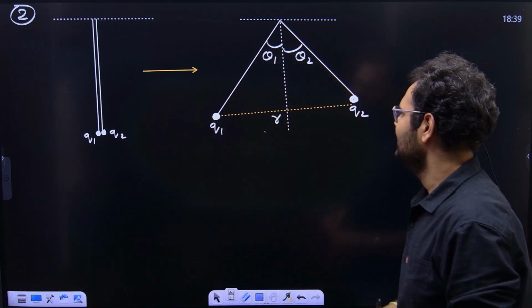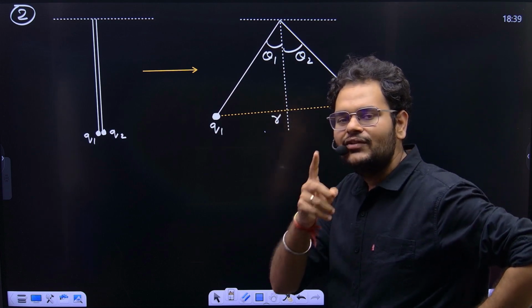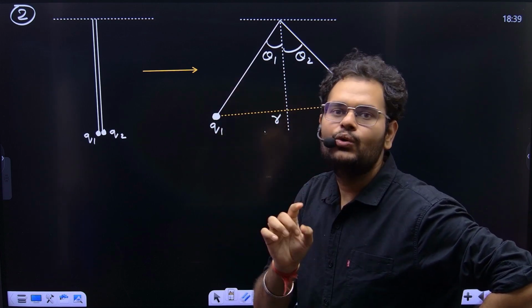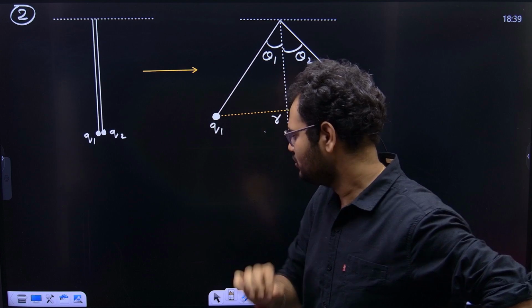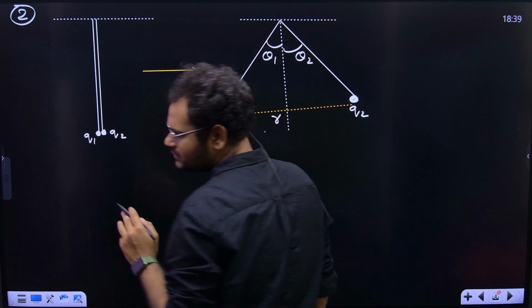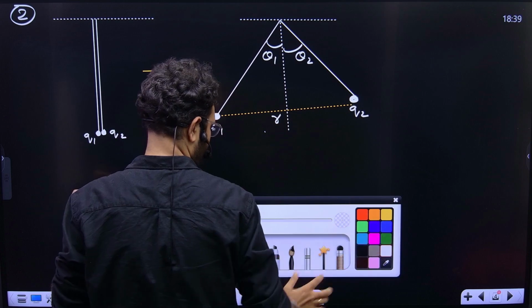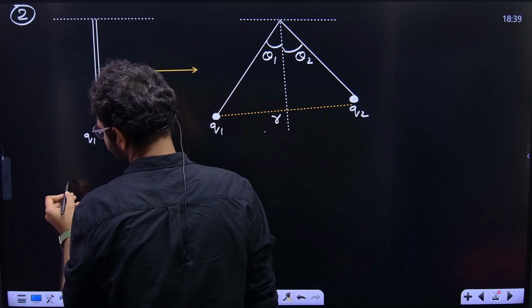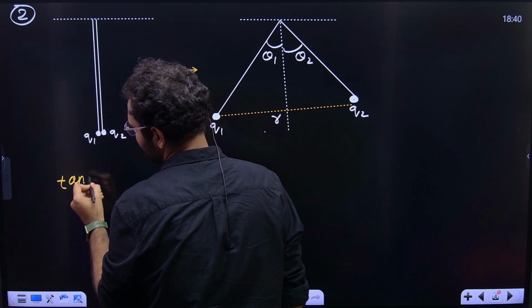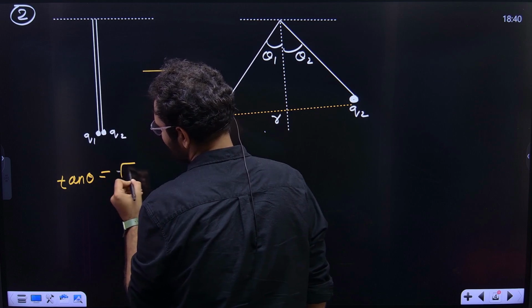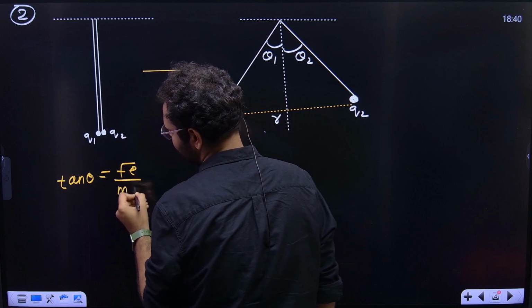Okay, are we going to do the entire derivation again? No, we are not going to do it, because we have a shortcut. I will tell you. First you tell me what formula we have written for tan theta. That beautiful formula I want. Sir, that beautiful formula is tan theta is equal to electrostatic force upon mg.